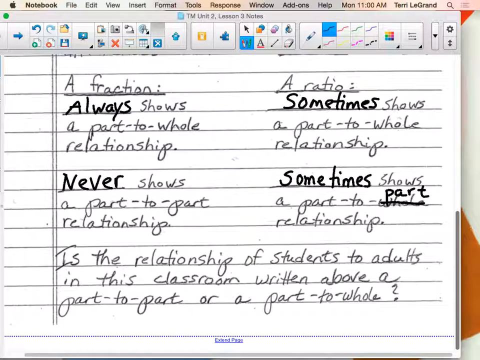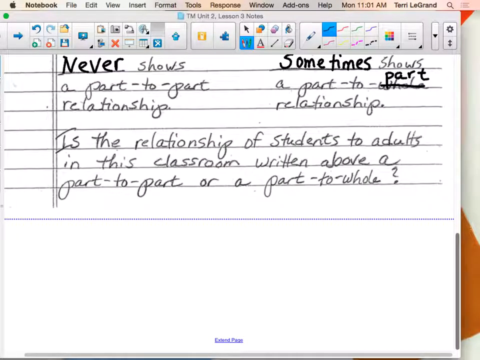So, what do you think? Is the relationship of students to adults in this classroom that we just wrote above, 15 students to 3 adults, a part-to-part or a part-to-whole relationship? What are we comparing? 15 students compared to 3 adults.